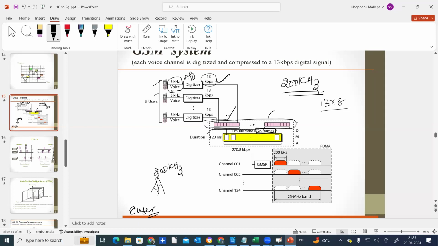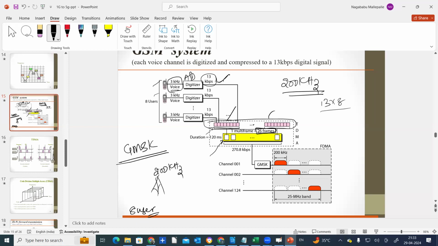So these 26 frames are filled here, and there is also a modulation. There will be a modulation in GSM. GMSK modulation is used in GSM; in LTE and 5G it starts from BPSK, QPSK, 16 QAM, 64 QAM, 256, 512.